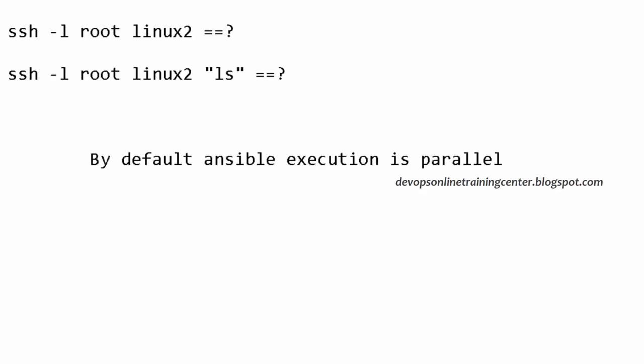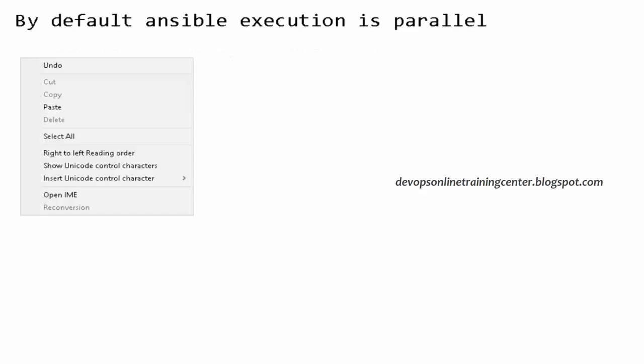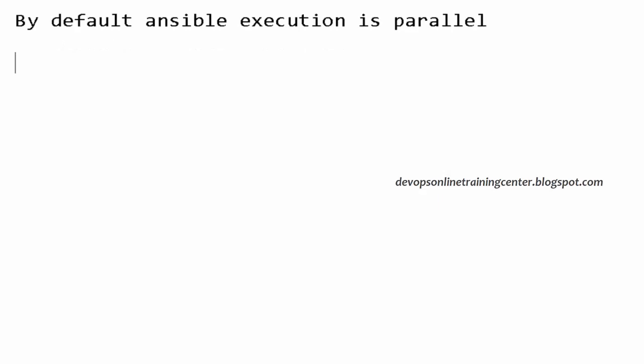By default, the Ansible execution is parallel in nature. In the sense, if you have 100 machines and you execute a command on all 100 machines, that command will be executed parallelly. We can also set it to serial, but by default it is parallel.